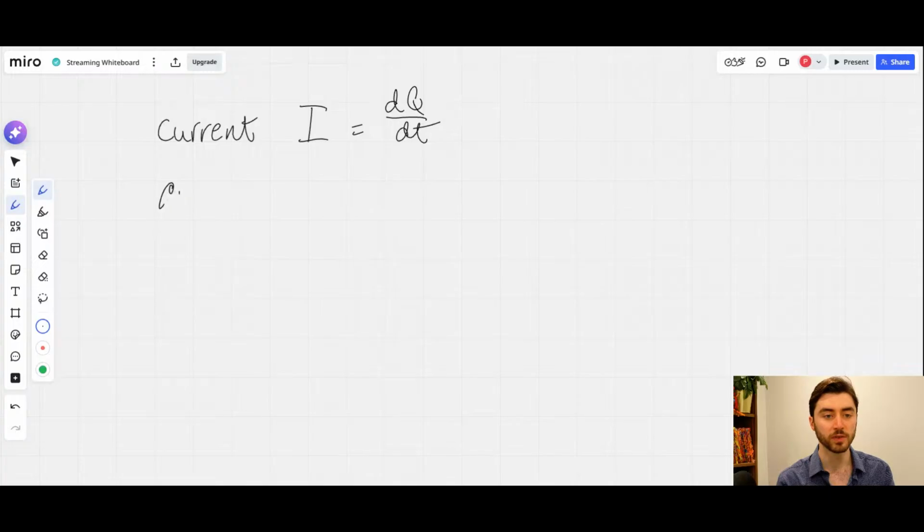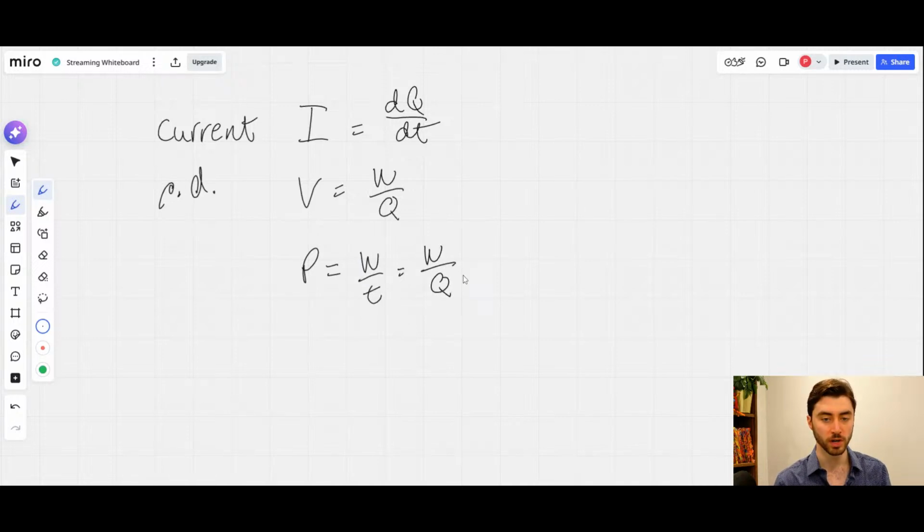The potential difference, voltage, is work done per unit charge. And then putting these together, you can multiply these together. And we know that power is work done per unit time. But that is work done per unit charge times the charge over time. So it is also VI.